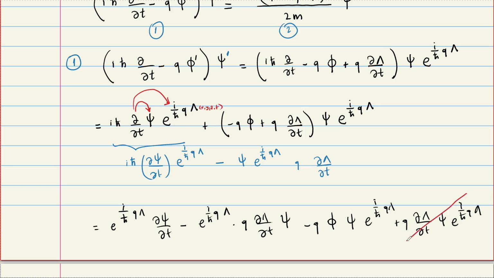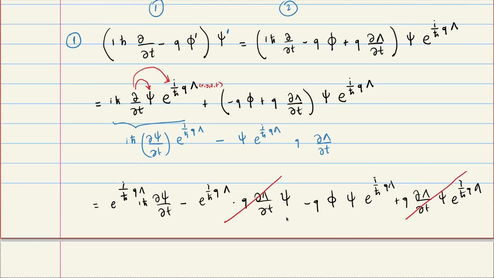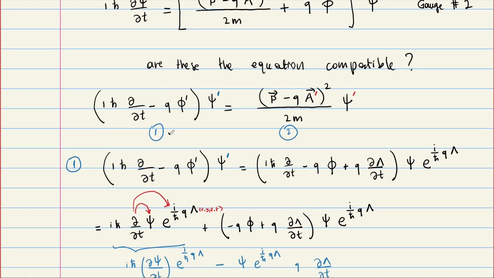Now we see this term is going to cancel this, and at the end what we are going to have is e to the I over h bar q lambda, and I think I forgot I h bar here, so this is I h bar del t minus q phi acting on psi. Good. So I calculated the first term, the left hand side.